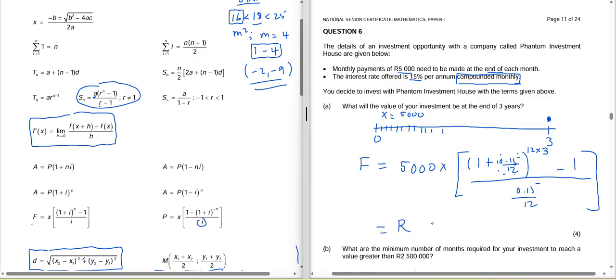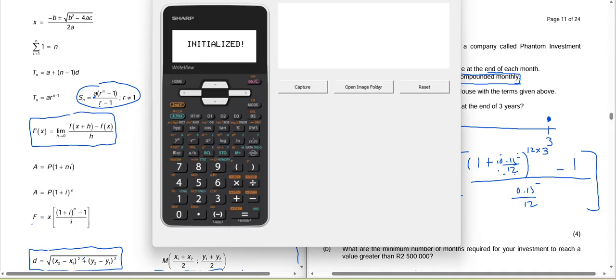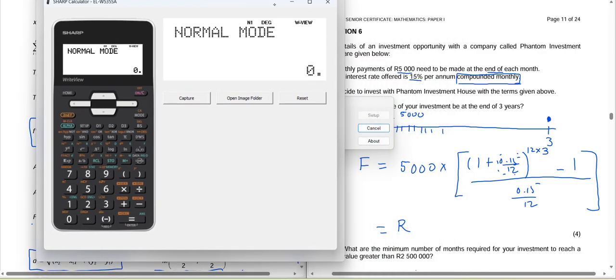So what is the value of the investment? Let's bring our calculator and see what our value of investment will be.